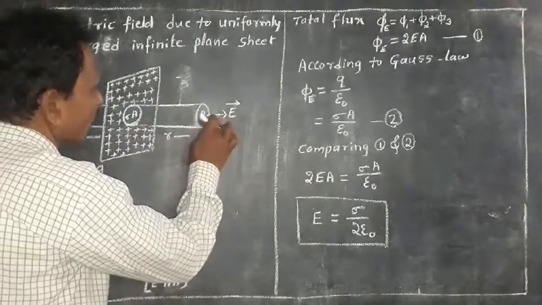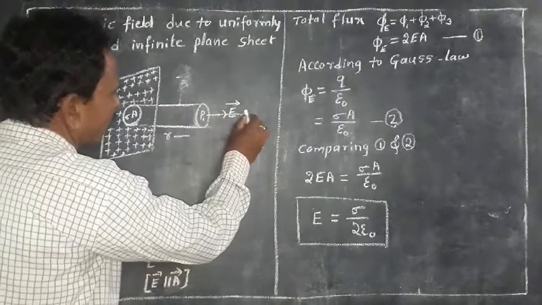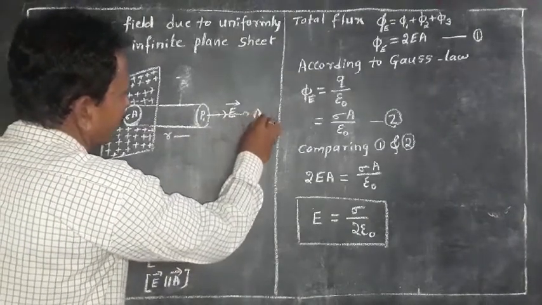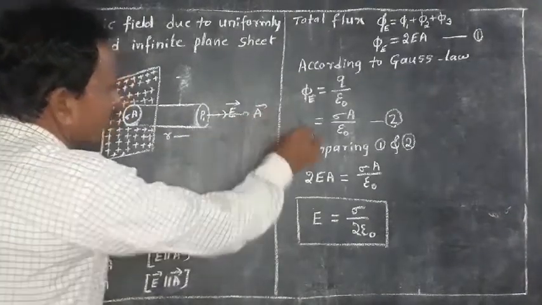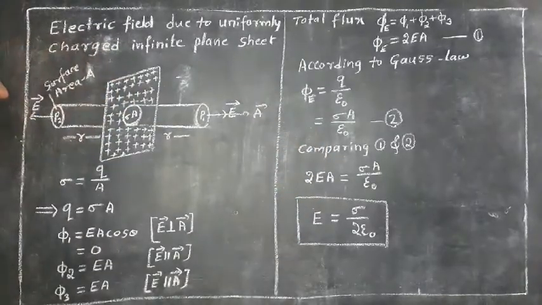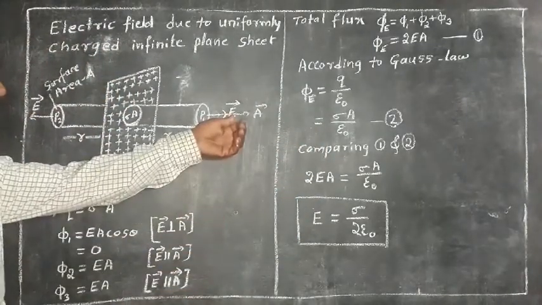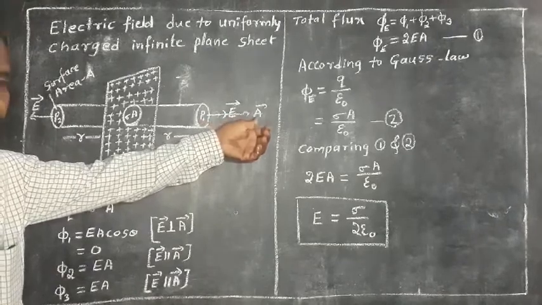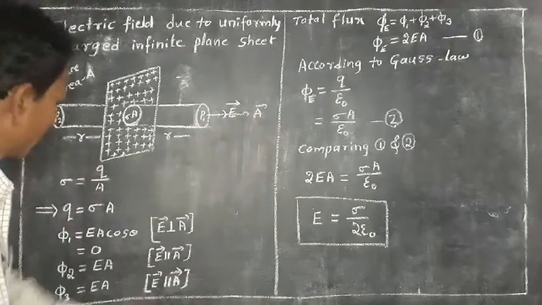Therefore, both field vector and area vector are along the same line, so the angle between them is 0.